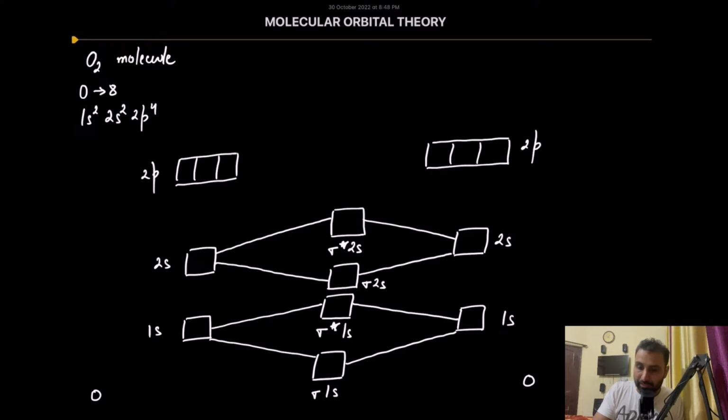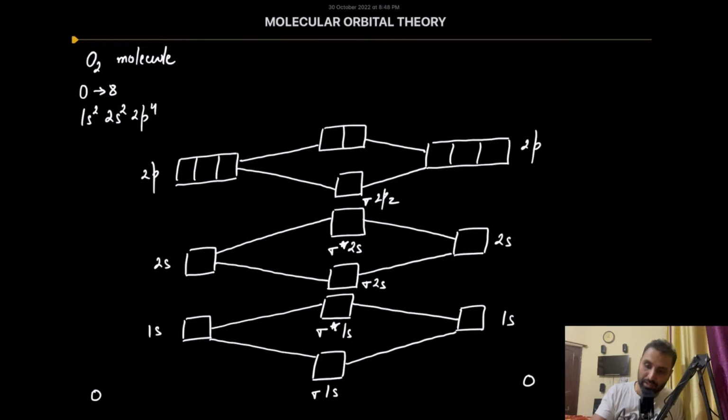Now let's move to the 2p. Here we will get first bonding molecular orbital forming the sigma bonds, so it will be sigma 2pz. Then we will get bonding molecular orbital forming pi bond, that's pi 2px and pi 2py.